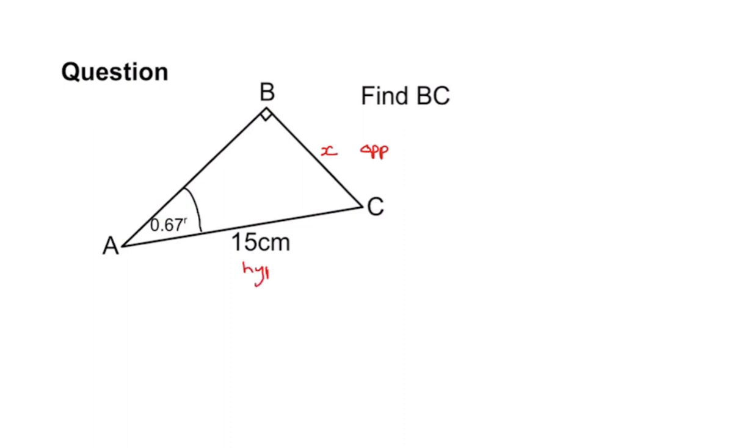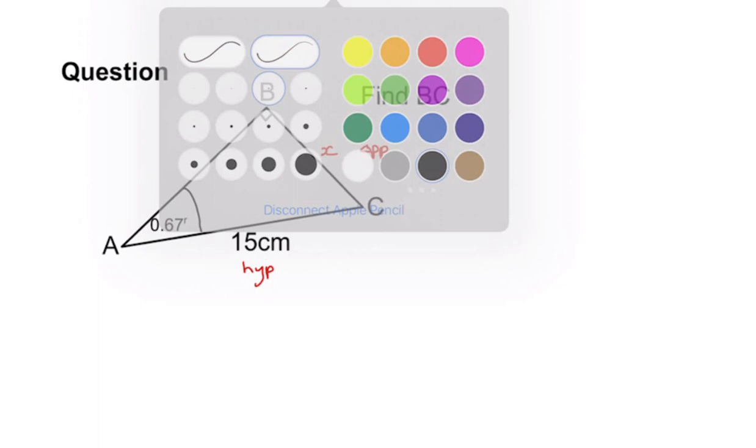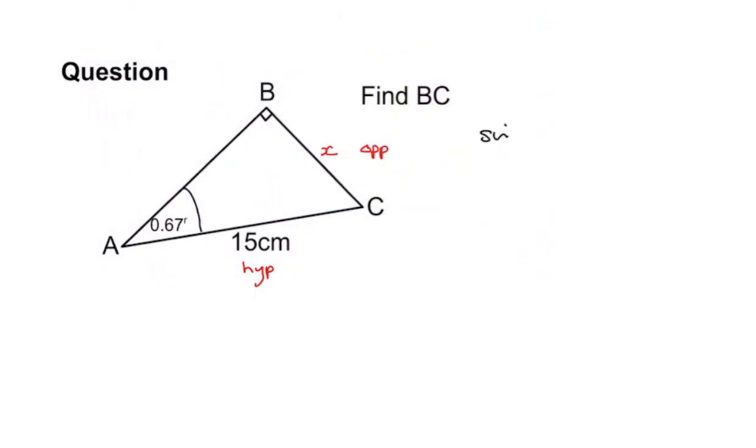We're given the hypotenuse, so it's basic trigonometry, so you can write the sine of 0.67 equals opposite, which in this case is x or BC, over hypotenuse, which is 15. So x equals 15 sine 0.67.